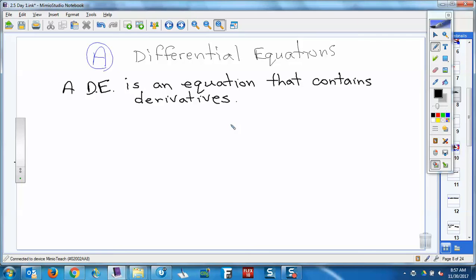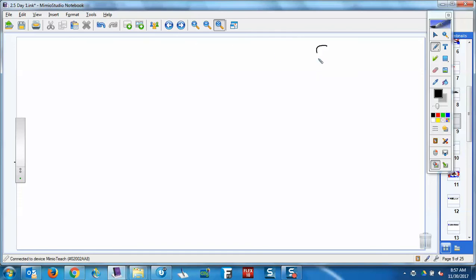So a differential equation is an equation that contains derivatives. Differential means derivative, equation means equation, right? So what does something need to be an equation? An equal sign. So it's got to have an equal sign and it's got to have a derivative in it. If it has those two things, it's a differential equation. We've already seen some. Right here is, don't write this down in your notes, this problem we just had a minute ago.